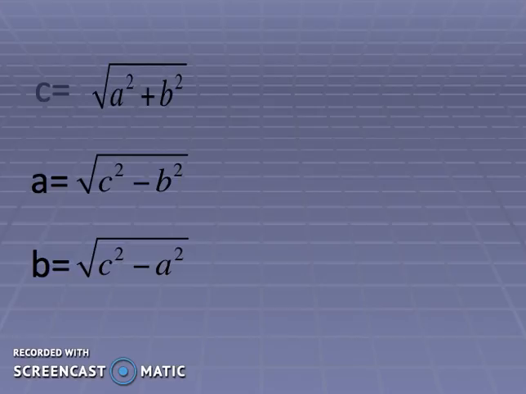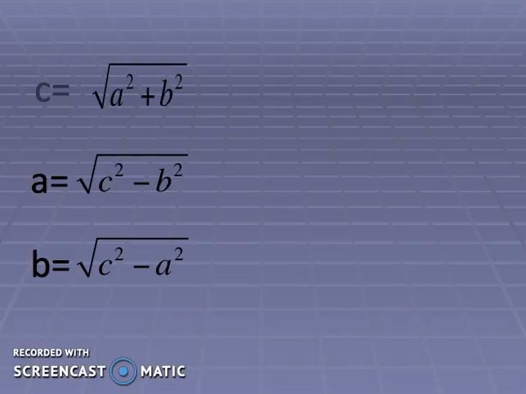If you're looking for the length of the leg A, A equals the square root of C squared minus B squared. And if you're looking for the length of your leg B, B equals the square root of C squared minus A squared.